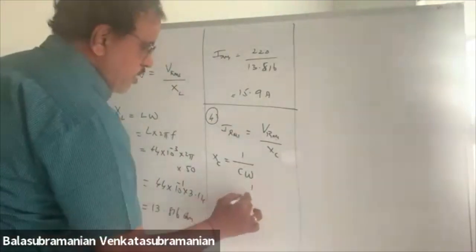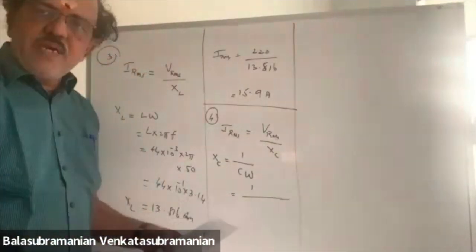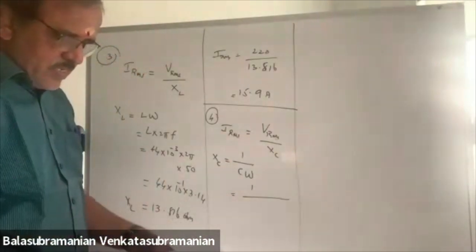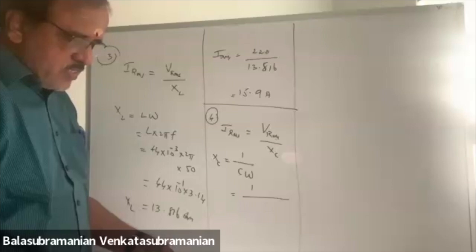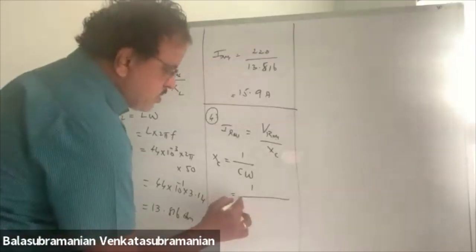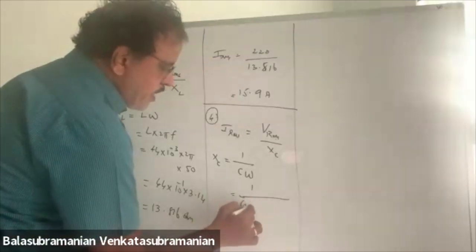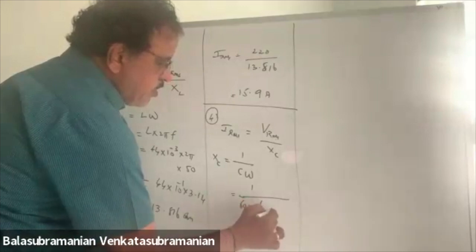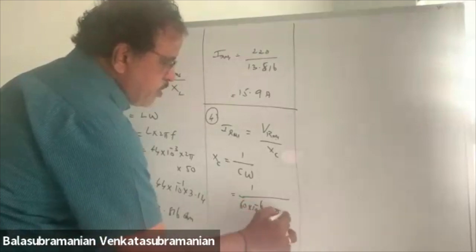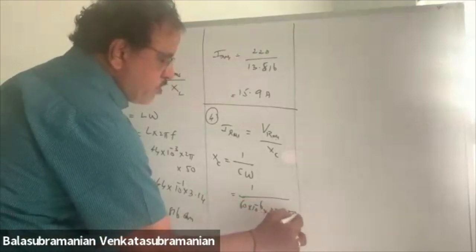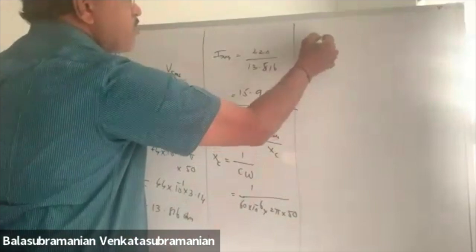So 1 by C omega. C value will be 60 microfarad, 60 into 10 power minus 6. Omega is 2 pi nu or 2 pi f. So 2 pi into 60.